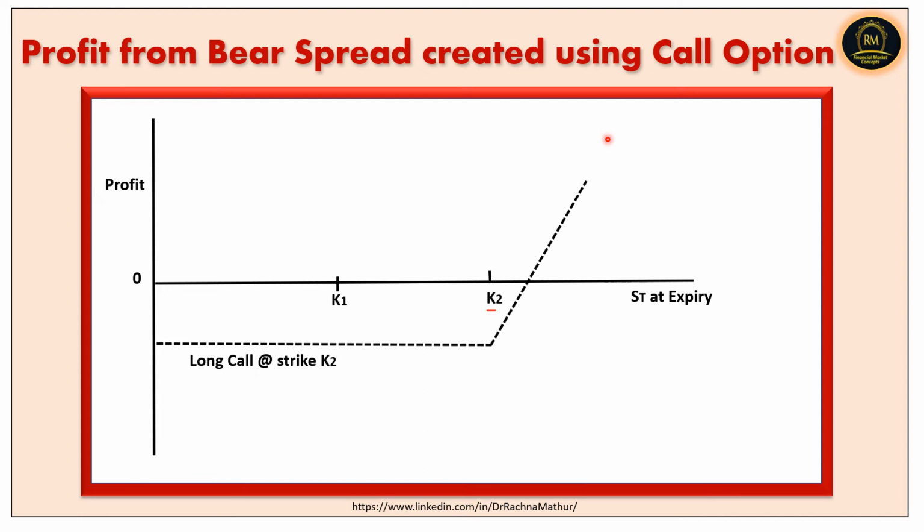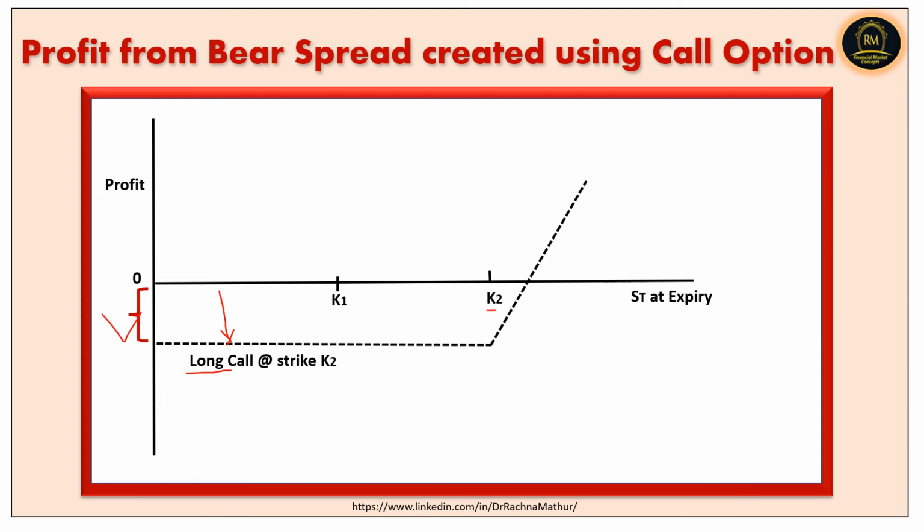But what happens if your expectation goes wrong and the market takes a bearish turn? The fall in the stock price at the time of expiration gives you a loss. Your long call will expire worthless and gives you a limited loss. This loss is limited to the option price you have paid to buy the long call.